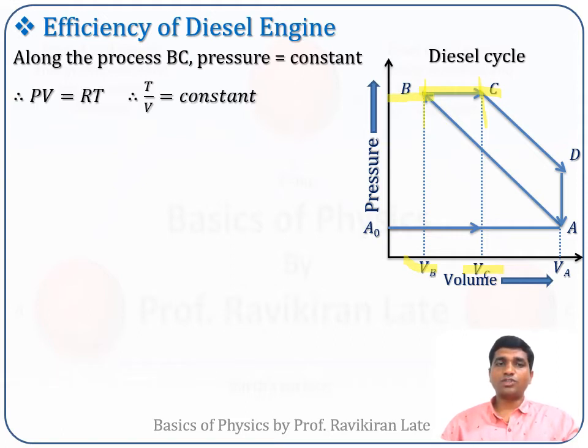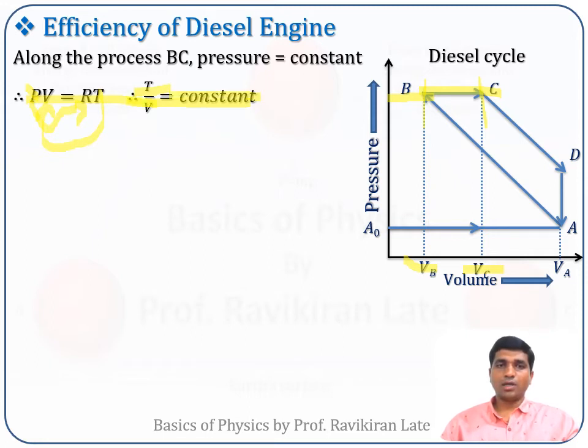For this process we can write the general gas equation, PV is equal to RT, and as pressure is constant, if I transfer P and T we can write T upon V is equal to some constant number.